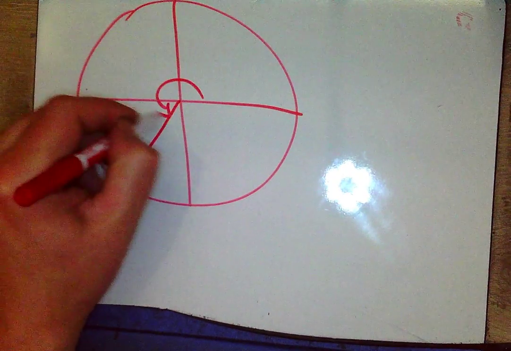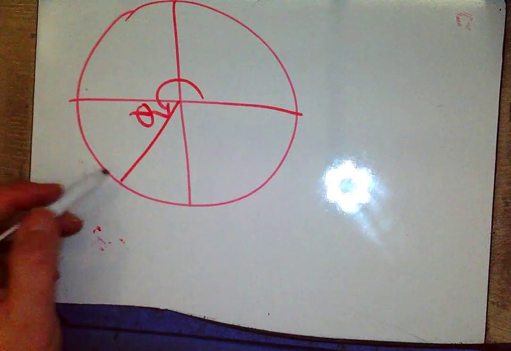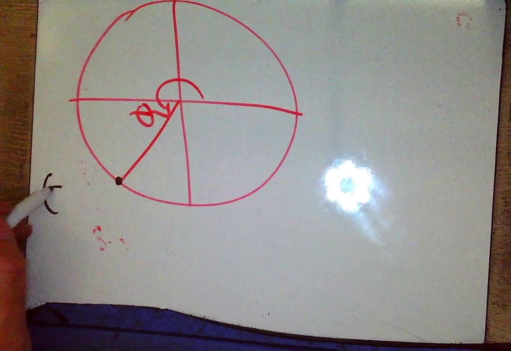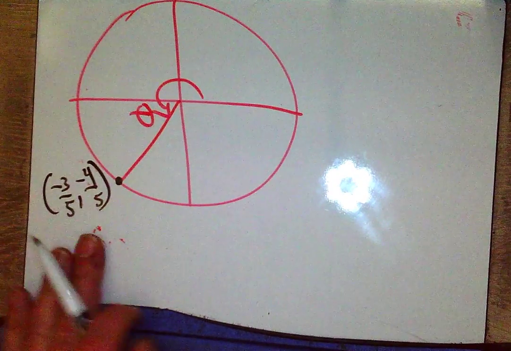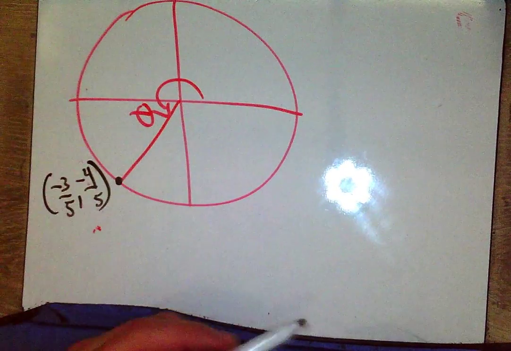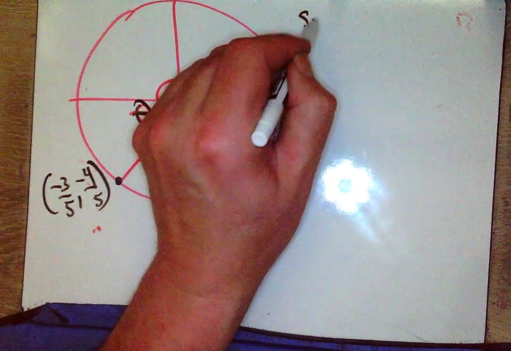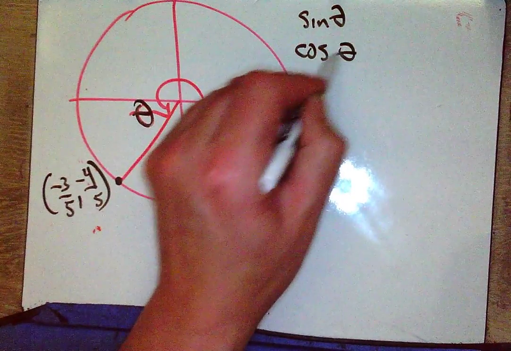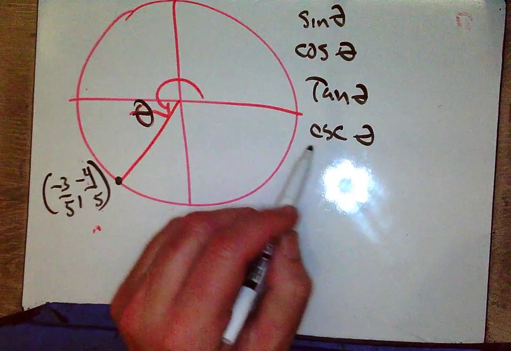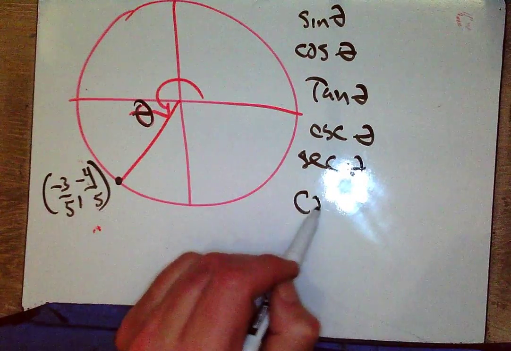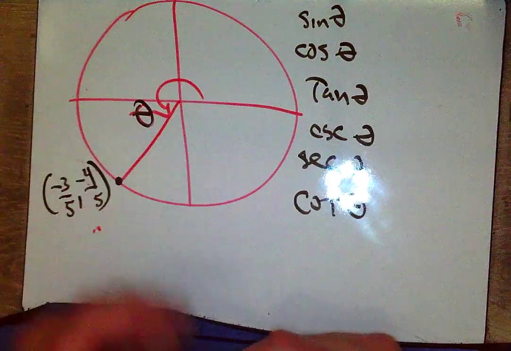This is my angle, theta, and I know that there's an ordered pair here: negative 3/5, negative 4/5. Well, what I would like is for you to tell me what the sine of theta is, and the cosine of theta, and the tangent of theta, and the cosecant of theta, and the secant of theta, and the cotangent of theta. What these all are for this angle.